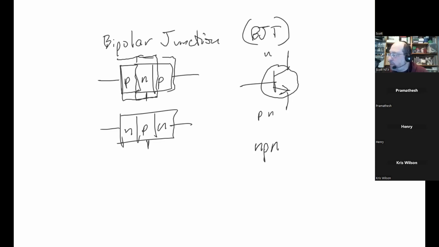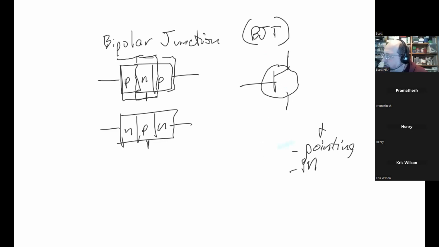The easy way to remember is that if the arrow is not pointing in, because it's pointing out, that's an NPN transistor. Now, if we were to reverse that arrow, that would be a PNP transistor.